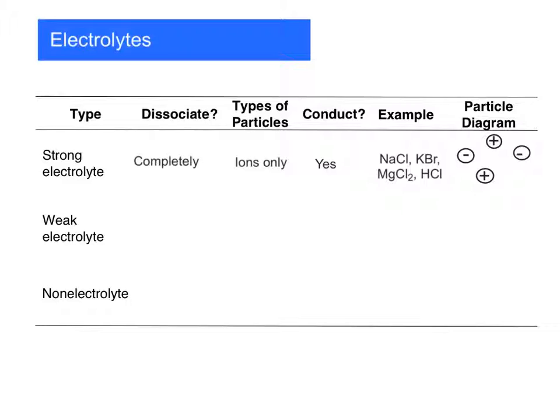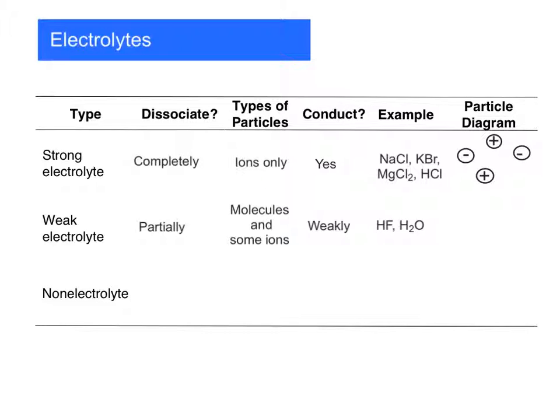So a weak electrolyte dissociates partially, and the types of particles that we'll have there are mostly molecules and then a few ions. So some of them separate, but not all of them, all right? And they will conduct electricity weakly. So it just depends on the particular molecule that you've put in, how much it conducts. Like I said, HF is an example of this.